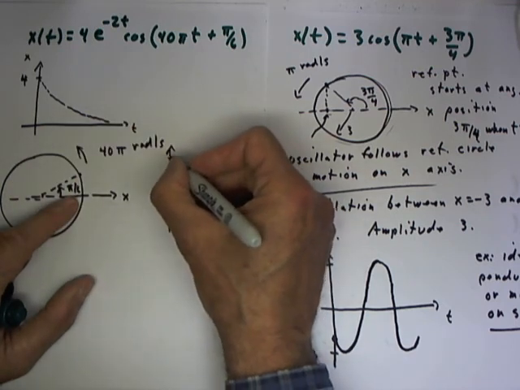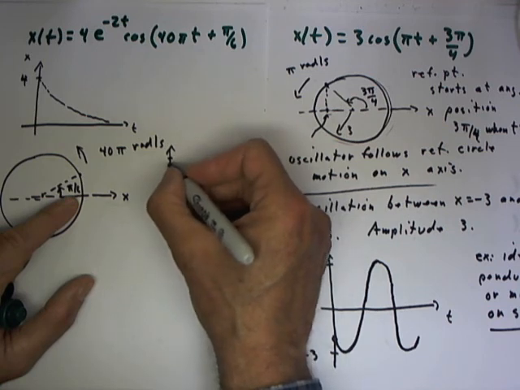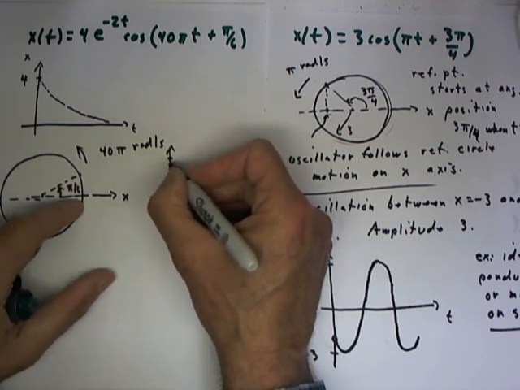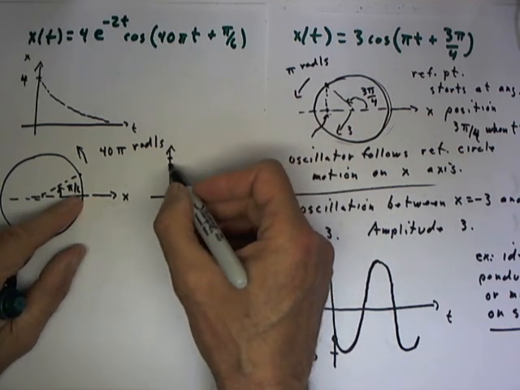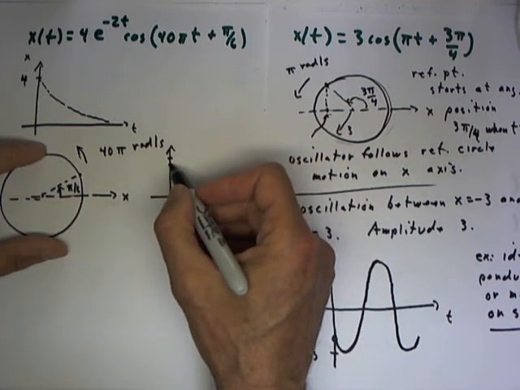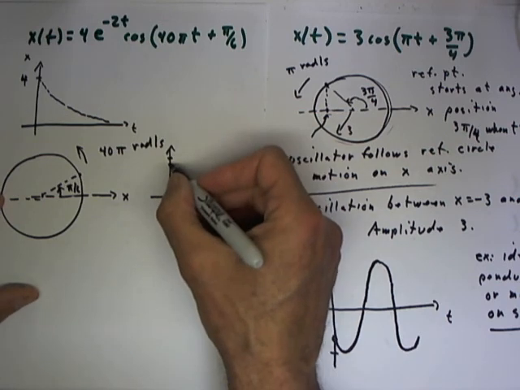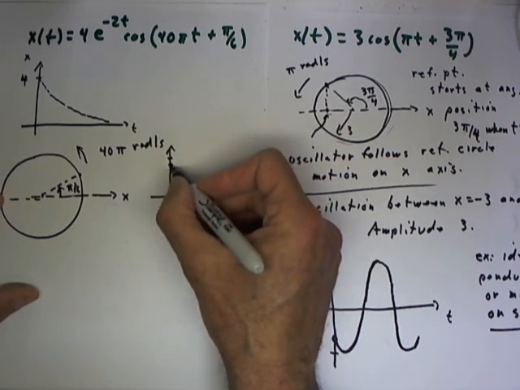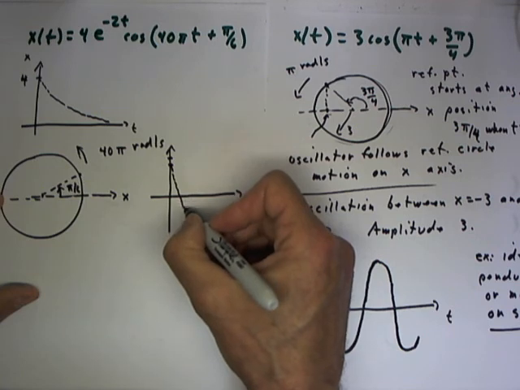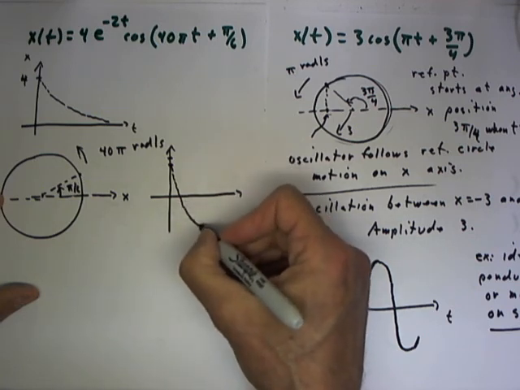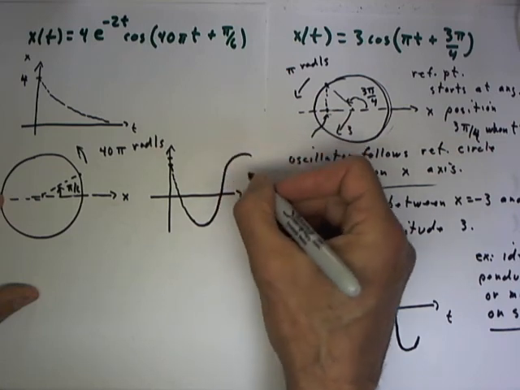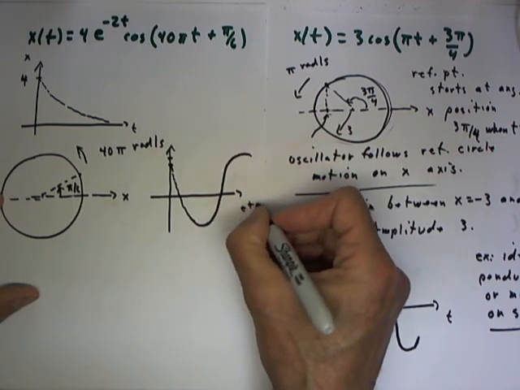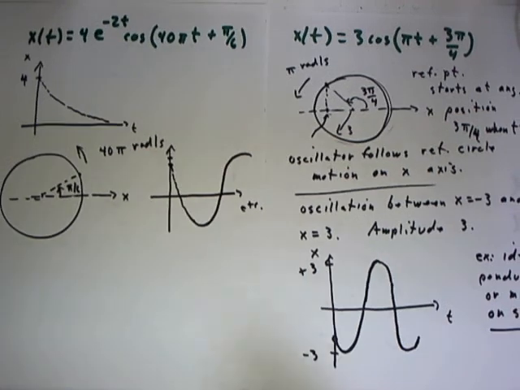So we're going to have some maximum amplitude. We're going to start a little closer to the equilibrium because we're starting at the pi over 6 position, and we're going to then move down to 0 and then to negative maximum amplitude and so forth. So our graph will look something like this, and move on, etc.